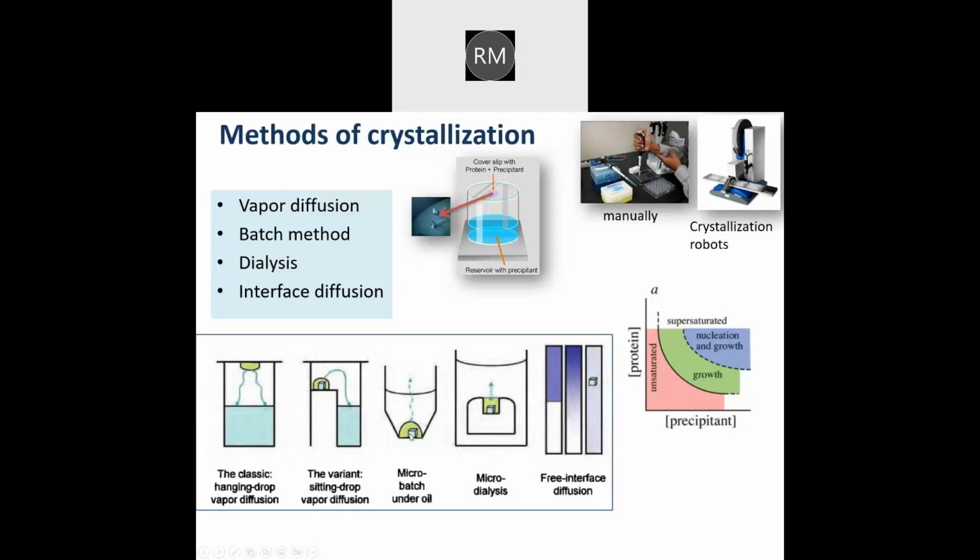And as this drop slowly evaporates, the crystal might appear there. Then there is dialysis, then free interface diffusion. These are the different methods of crystallization. Nowadays, people use a crystallization robot for setting up thousands of conditions. Robots are very handy for that, but one can do it by hand also.